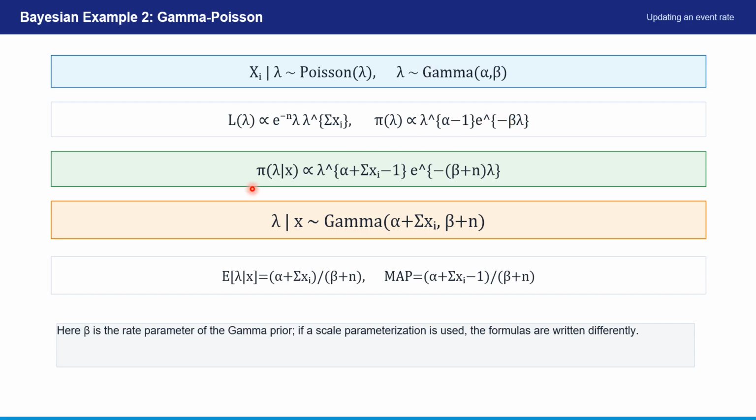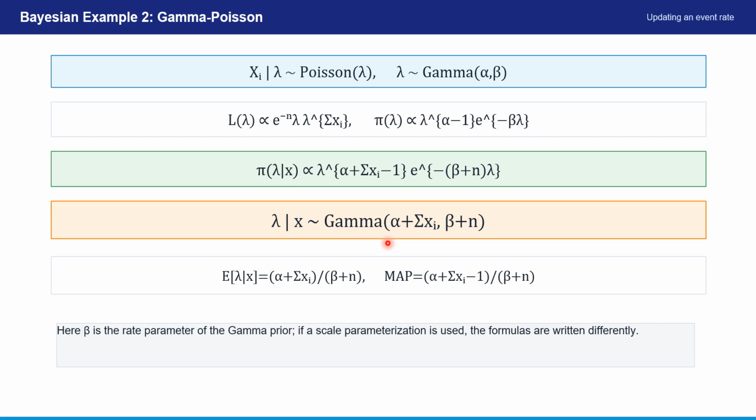The posterior is proportional to the likelihood times the prior. Multiply the powers and exponentials. We get lambda^(alpha plus sum xi minus 1) times e^(minus (beta plus n) lambda). This is the kernel of a gamma distribution.